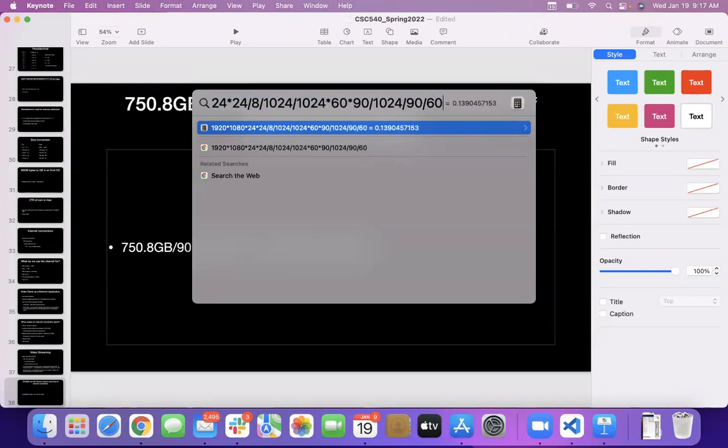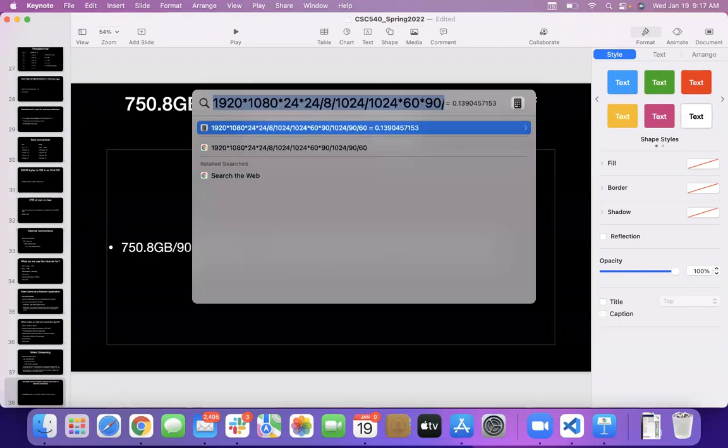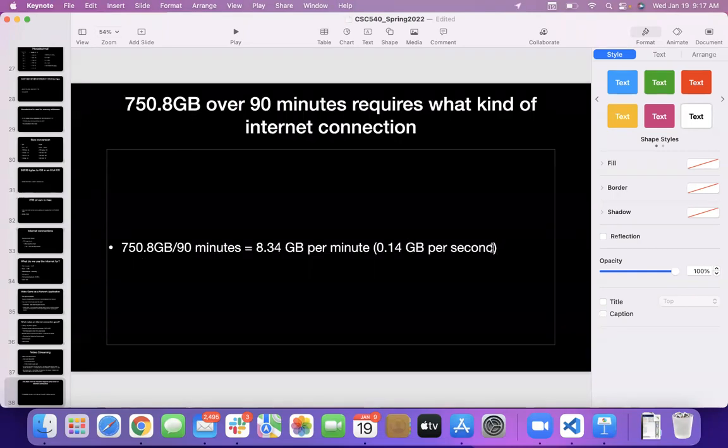Divide that by 60, it's 0.14 per second. And we can multiply that by 1,024, so that's 142 megabytes per second.